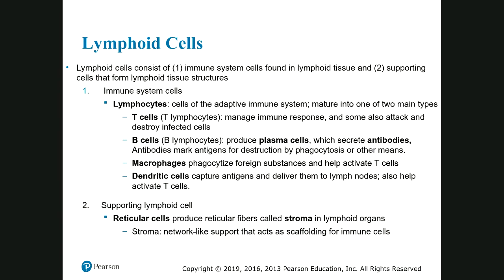The supporting lymphoid cells are made of reticular cells that produce reticular fibers called stroma in lymphoid organs. The stroma is a protein network that acts as scaffolding for immune cells.